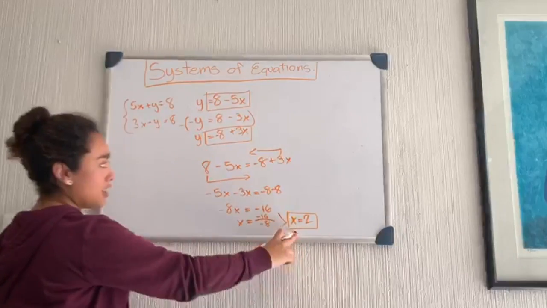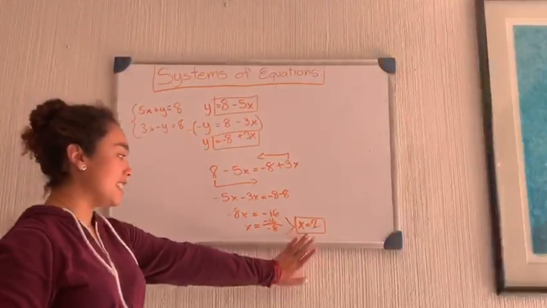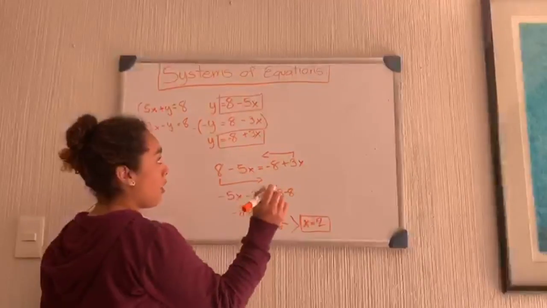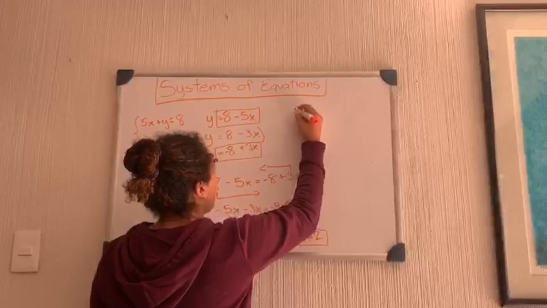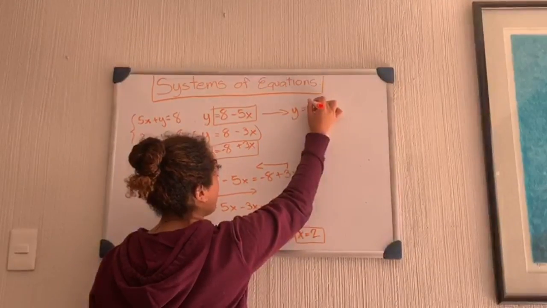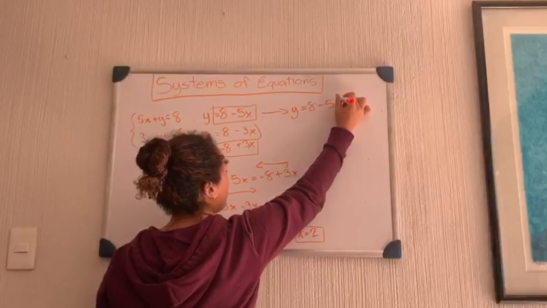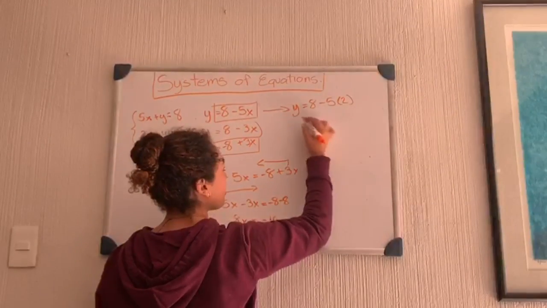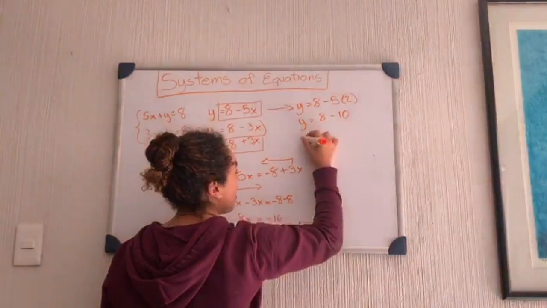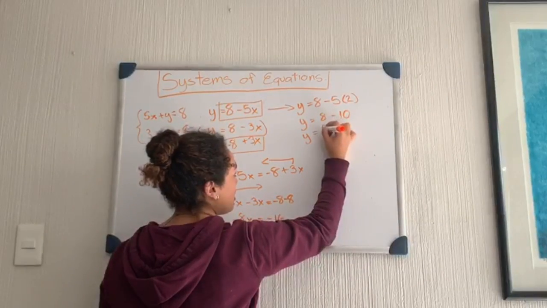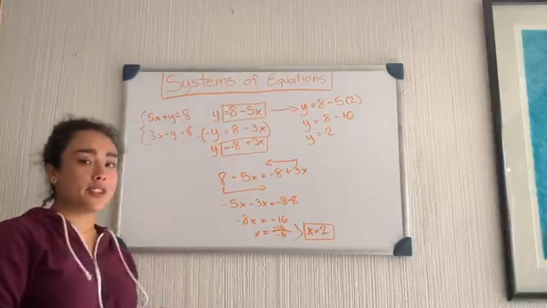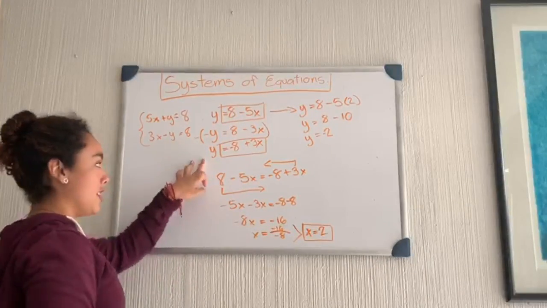With this answer, we plug this value into one of these to get the y variable. I will plug it in here, and we have y equals 8 minus 5 times 2. y equals 8 minus 10. y equals minus 2.